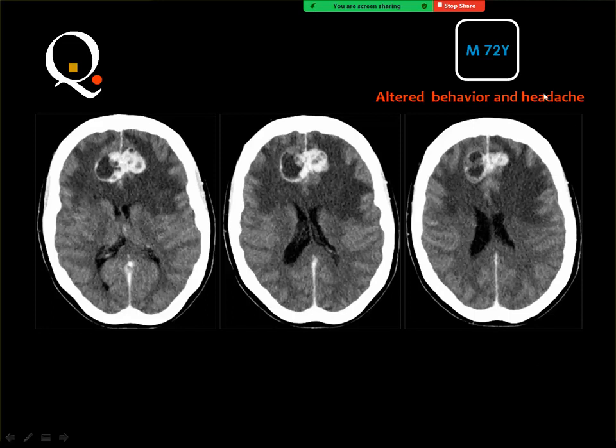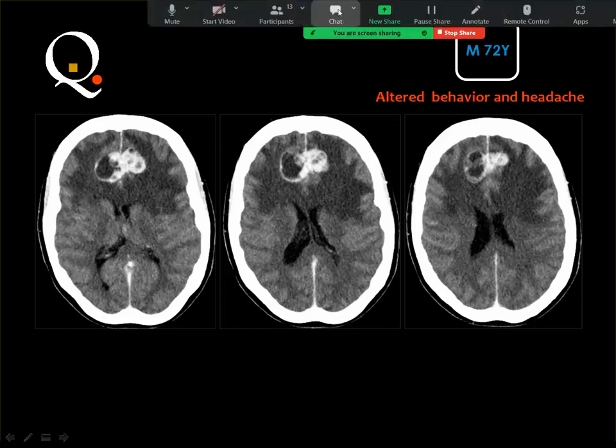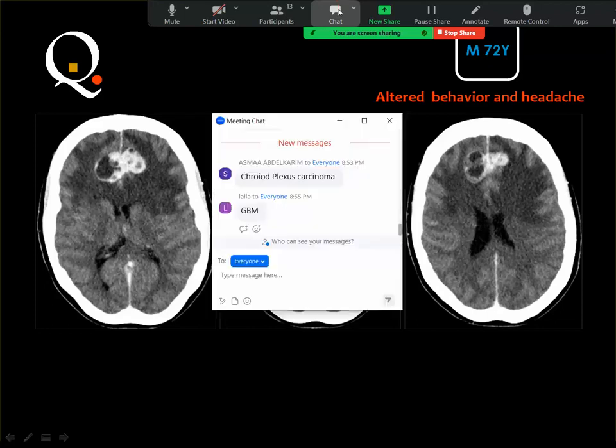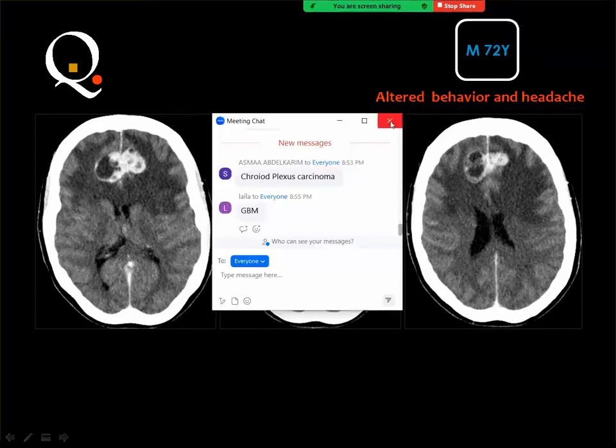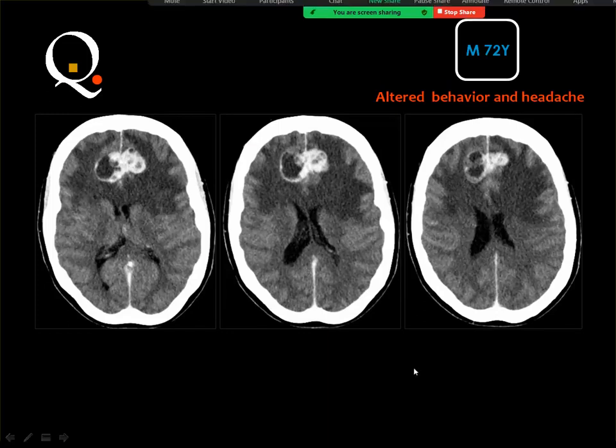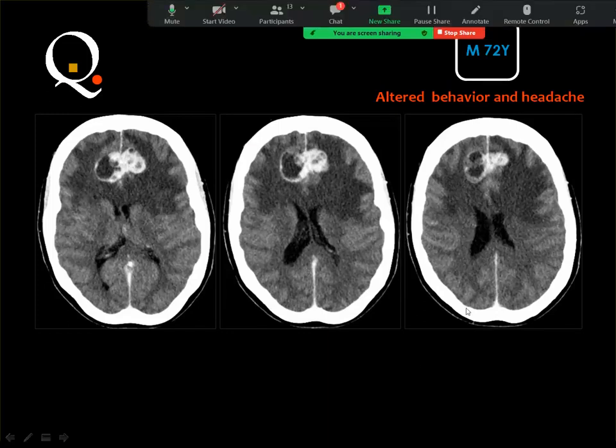This is a male, 72 years old, with headache and abnormal behavior. Yes, and of course, this is the lesion that is crossing the midline from left to right or centered in both frontal lobes, known as butterfly lesion.